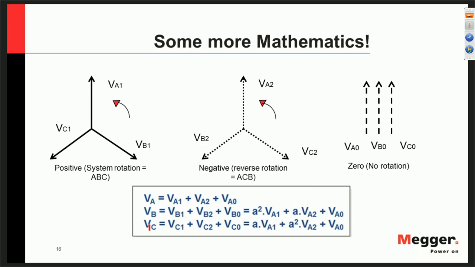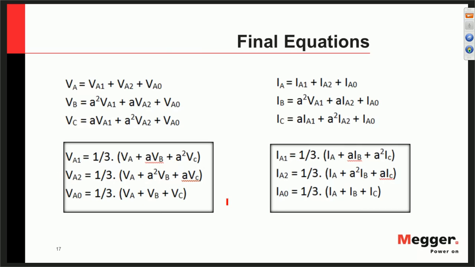In that solution, I will be getting all the sequence component values, and from that I can get any value I want. So these are the final equations that come out when you do the inverse of the matrix. This is for the voltage and this is for the current. So you have all these 3 variable equations at the very end in terms of the known variables.